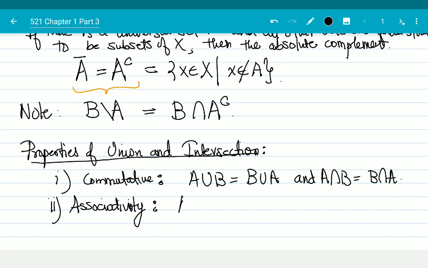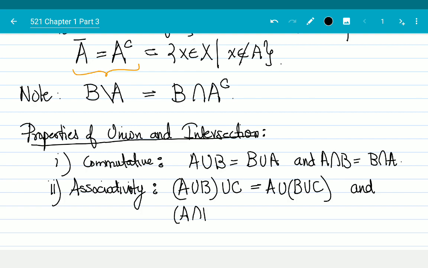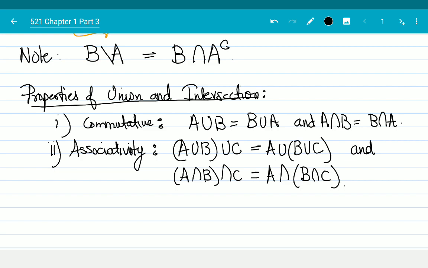Well, A union B union C should be equal to A union B union C, however grouped, and A intersection B intersection C should be equal to A intersection B intersection C, however grouped. So the order should not matter if you're doing the same operation.